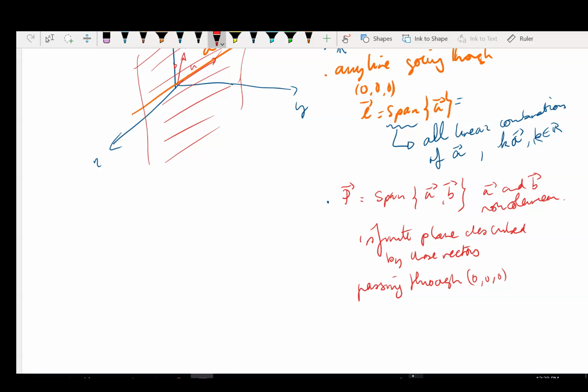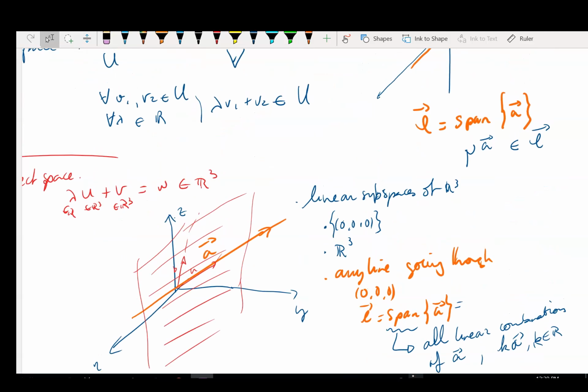This is the next kind of vector subspace that we can have in R3. These are the only vector subspaces that we have in R3, but of course you've got an infinity of planes that satisfy this, as well as an infinity of lines that satisfy that.